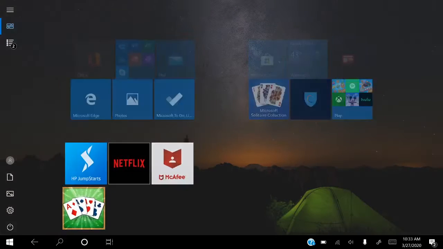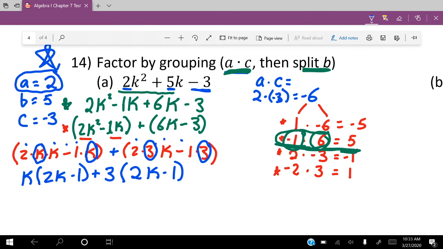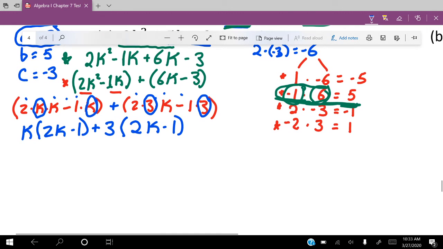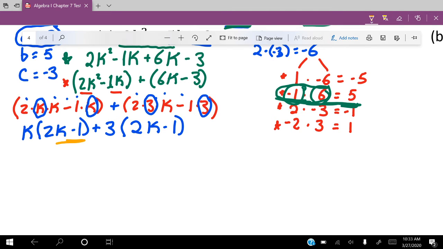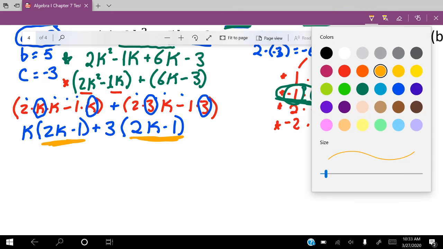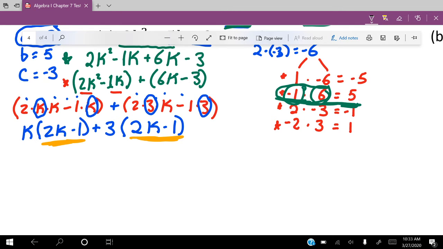All right, so now that I have that done, I can notice something really cool. My leftovers, and I'll underline these in orange here, 2k minus 1, are the same. So I know I did it correctly. So what I'm going to do now is write the greatest common factors.